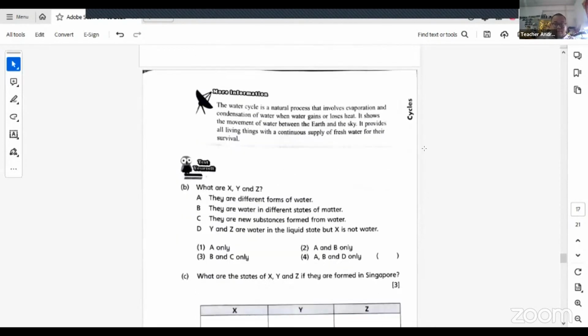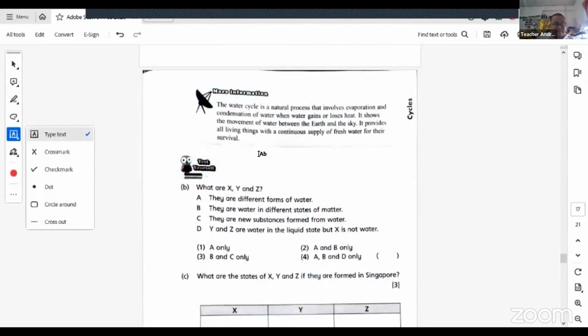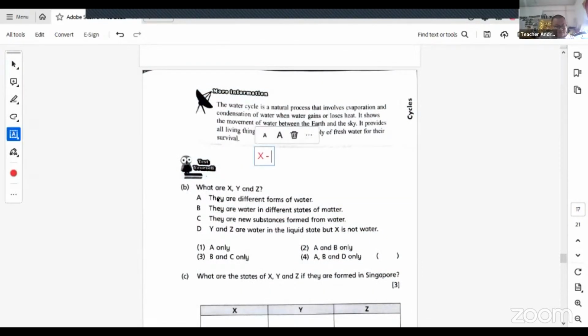Based on what we know, we can safely say that X is water vapor, gas. Y is water, liquid.